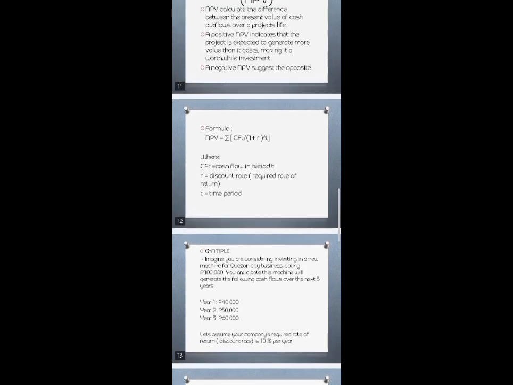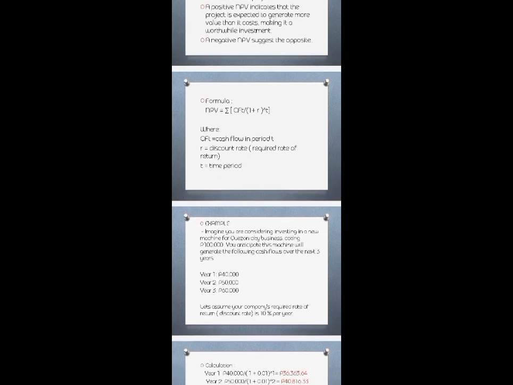Imagine you are considering investing in a new machine for a Quezon City business costing 100,000 pesos. You anticipate this machine will generate the following cash flow over the next 3 years.